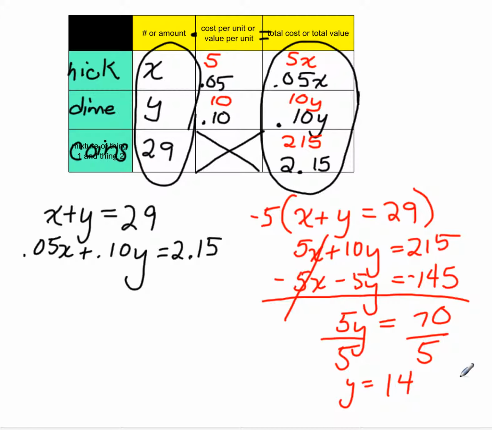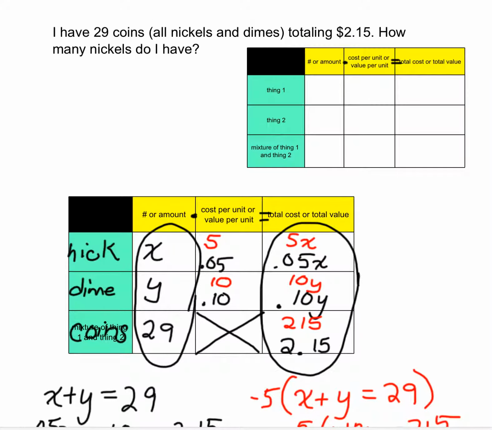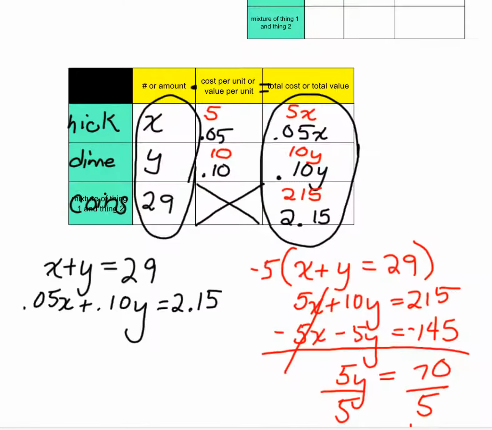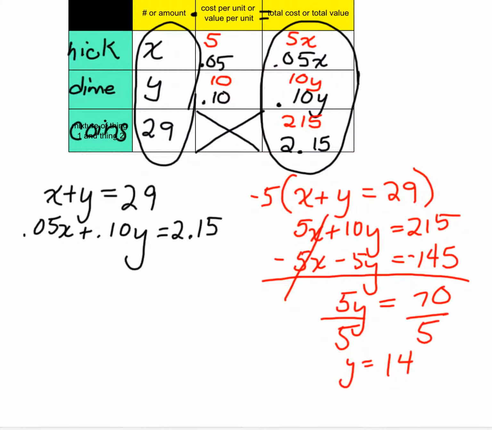Okay, well, have I answered my question yet? I've solved the problem, but I always need to go back and see. How many nickels do I have is the question. So nickels, remember, was x, and I have solved for y. So I need to figure out what x is so I can answer the question. I knew my first equation was x plus y equals 29.